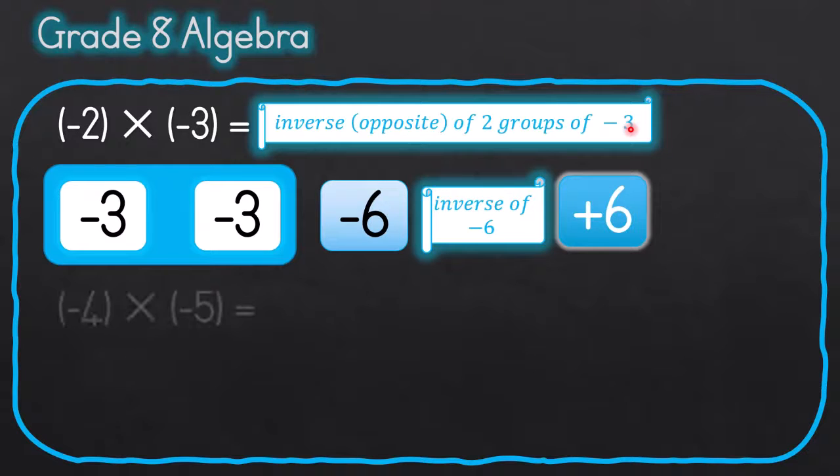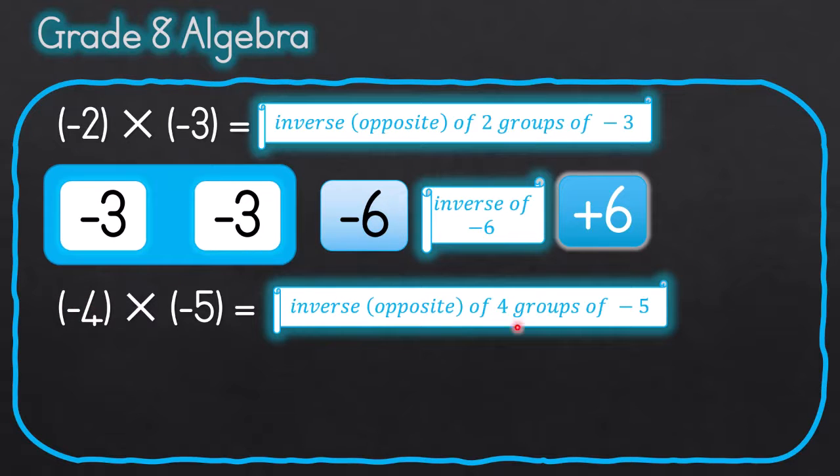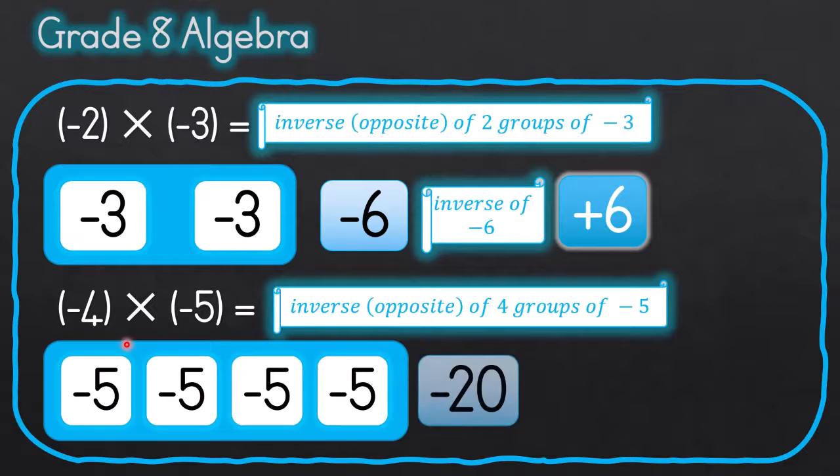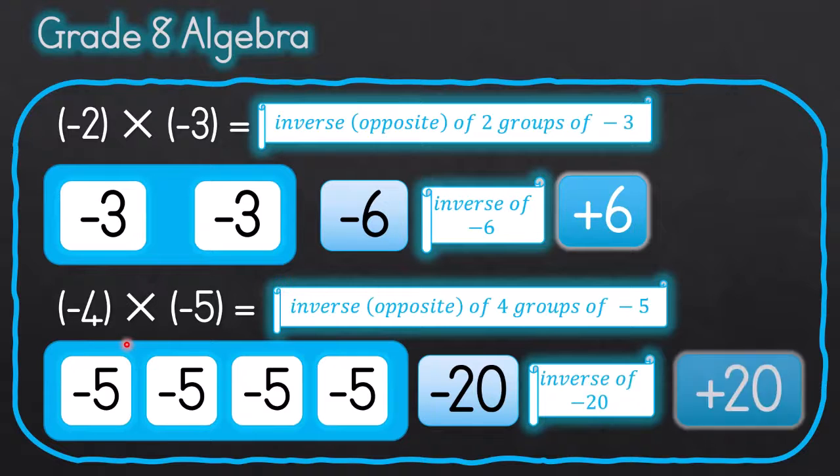The same applies to negative 4 times negative 5. We need to determine the inverse or opposite of 4 groups of negative 5. Therefore, we can say 4 groups of negative 5 is negative 20, and the inverse of negative 20 is positive 20.